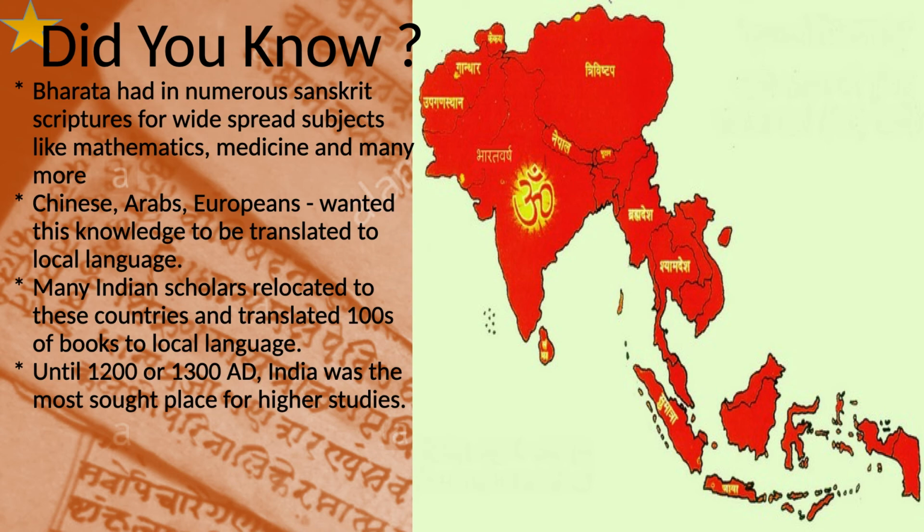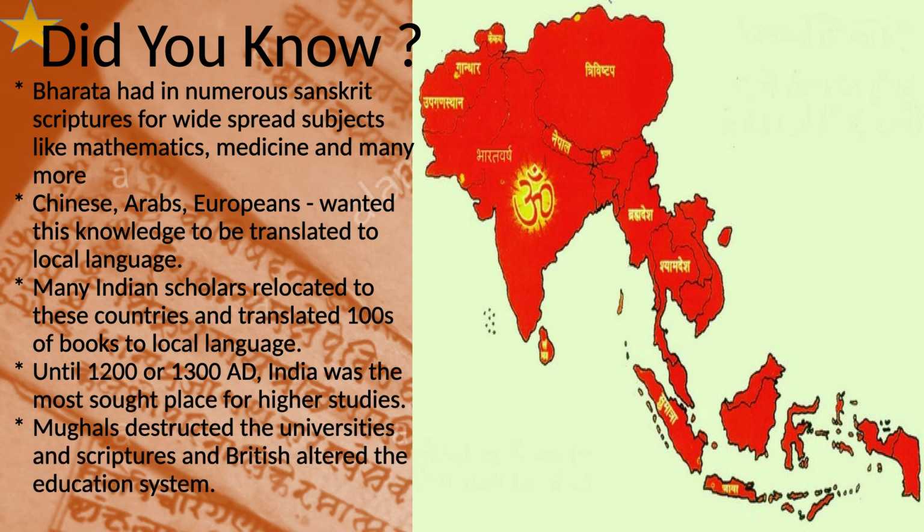After that, with the Mughal invasion, there was a lot of destruction in the universities and the scriptures were burnt. And when the British took over, they altered our education system and we lost lots and lots of knowledge. But this knowledge still resides in the West and we think they invented and discovered everything.